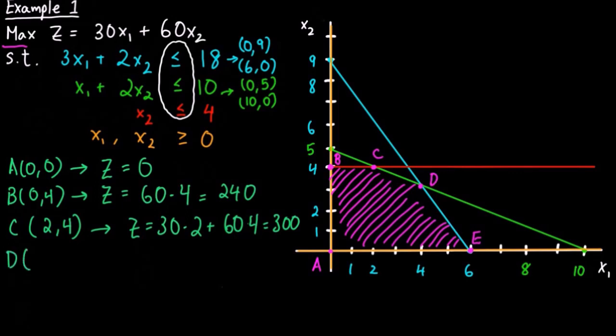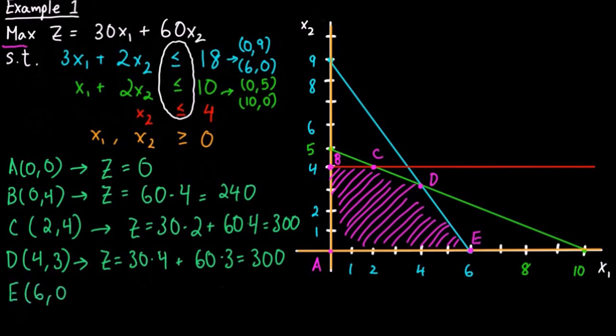Point D is at 4, 3. Which gives z equals 30 times 4 plus 60 times 3, which is 300. And point E at 6, 0 gives z equals 30 times 6, or 180.